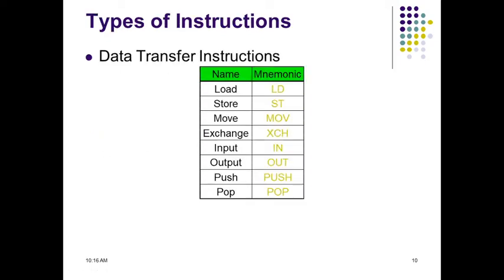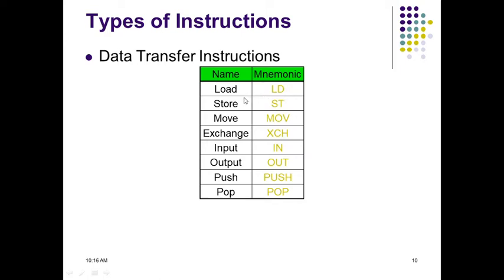Next, I will discuss some of the different types of instructions. Here you can just note down these instructions. One is data transfer instructions. I have already discussed these instructions, and we'll be using them throughout the computer organization. These are the normal English names, and these are the machine language representations or mnemonics for these instructions.